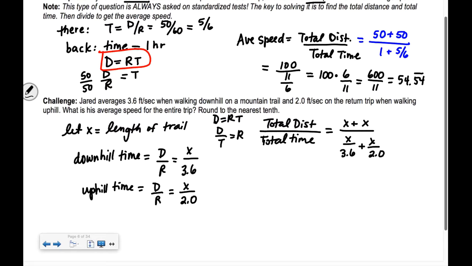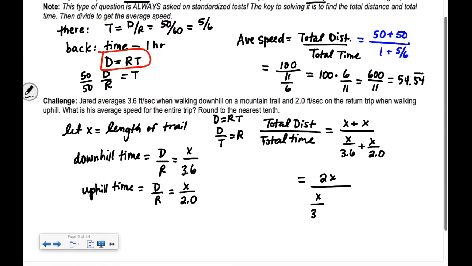So it's up to you guys. You can solve this using that common denominator approach. Do you guys know what the common denominator would be? Any ideas? 3.6 and 2? You could do 7.2. You just multiply them together always, right? Or you can combine, so let me write it on the next step. I have x plus x, which is 2x.